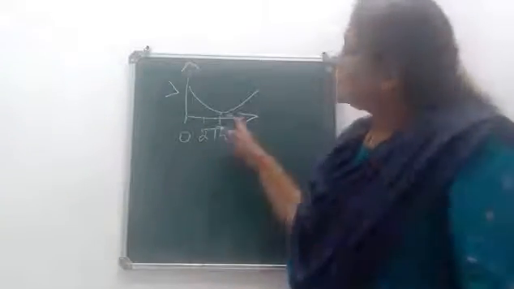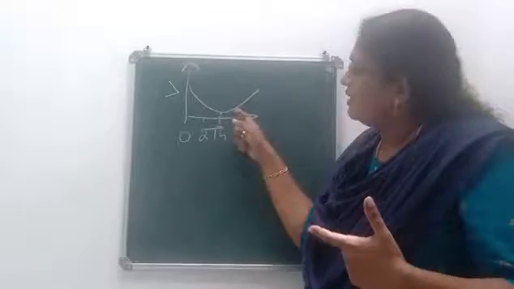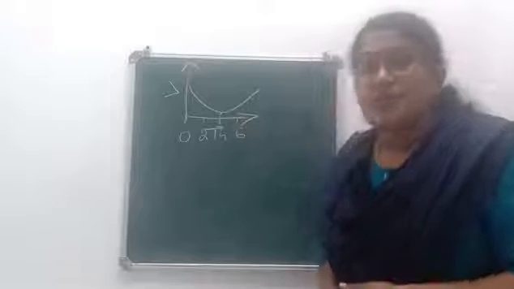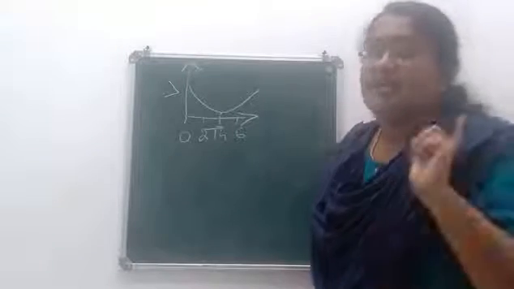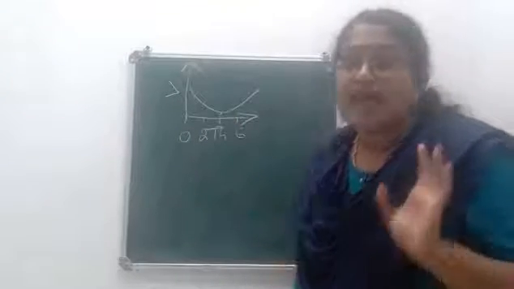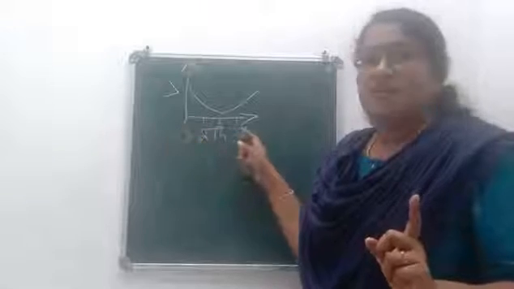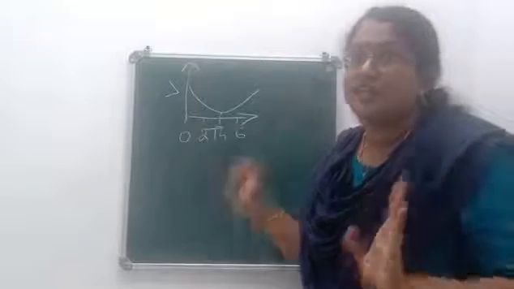After 4 degrees Celsius, what happens? It starts expanding. When it starts expanding, naturally volume increases. Okay, so this graph is important. This graph represents the relation connecting temperature and volume in the case of water, from temperatures when it is heated from 0 degrees Celsius.